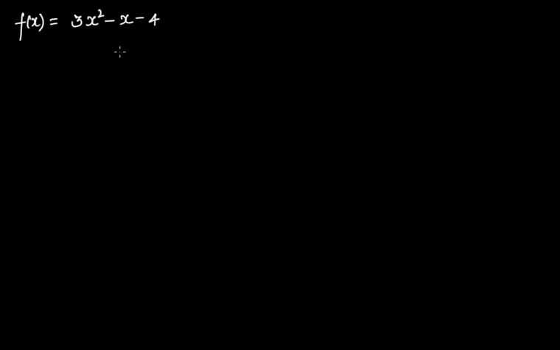This is the last one. This is 3x squared minus x minus 4. Now in this case, if you take two numbers, that is p and q, this should be in the way that p plus q is equal to minus 1, right? Because we have minus here, and p multiplied by q should be equal to 3 multiplied by minus 4, that is minus 12. Okay. Now in this case, one thing is clear. If the multiplication is negative, one number has to be positive and one number has to be negative.